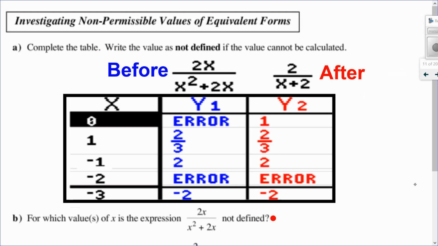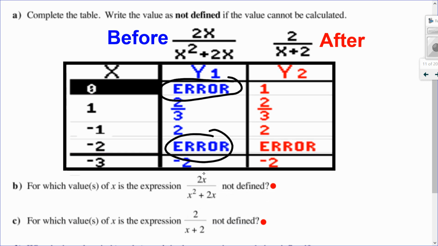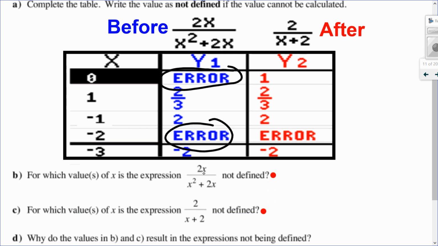Let's talk about non-permissible values. If we look at this table, before and after, you can see that before I simplify, I have 2 errors in my table for this fraction, which is when x is equal to 0 and when x is equal to negative 2. So this fraction is not defined when x is negative 2 or 0.